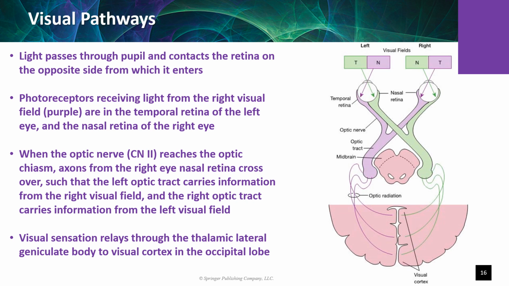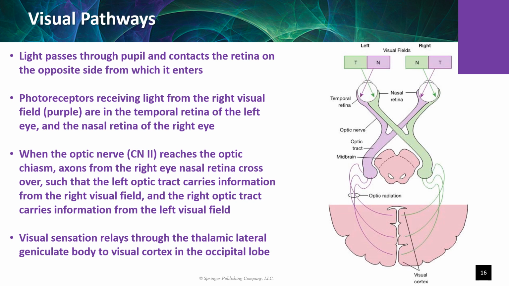Electrical activity in the photoreceptors is transmitted to bipolar cells and then ganglion cells with axons that form the optic nerve, cranial nerve 2. Eye movements and innervation are controlled by extraocular muscles innervated by cranial nerves 3, 4, and 6.